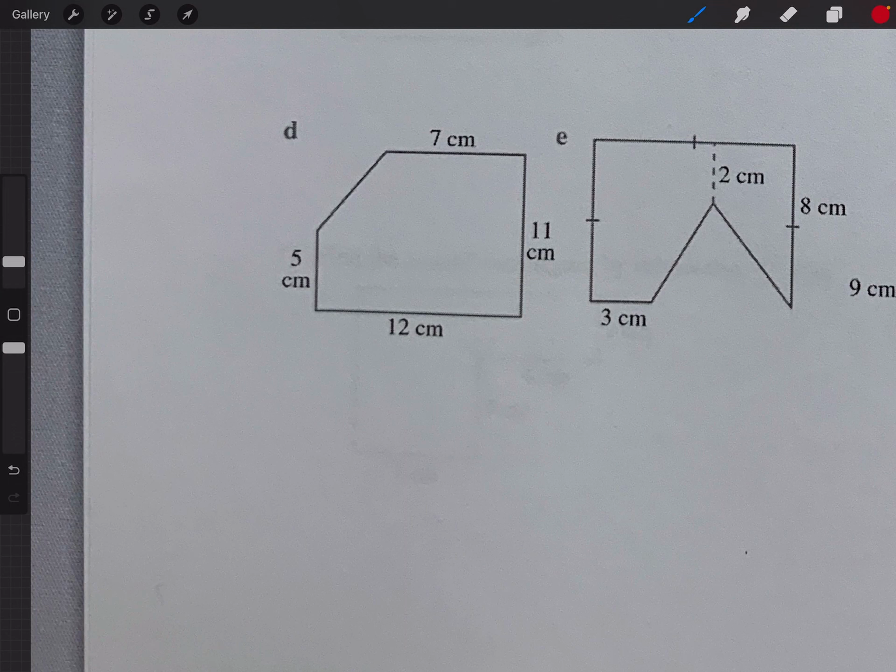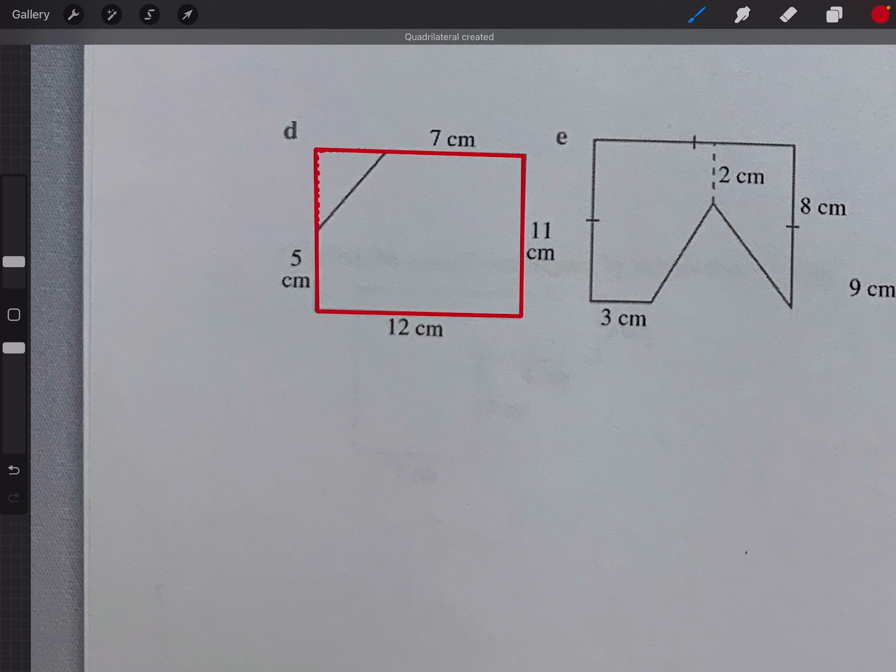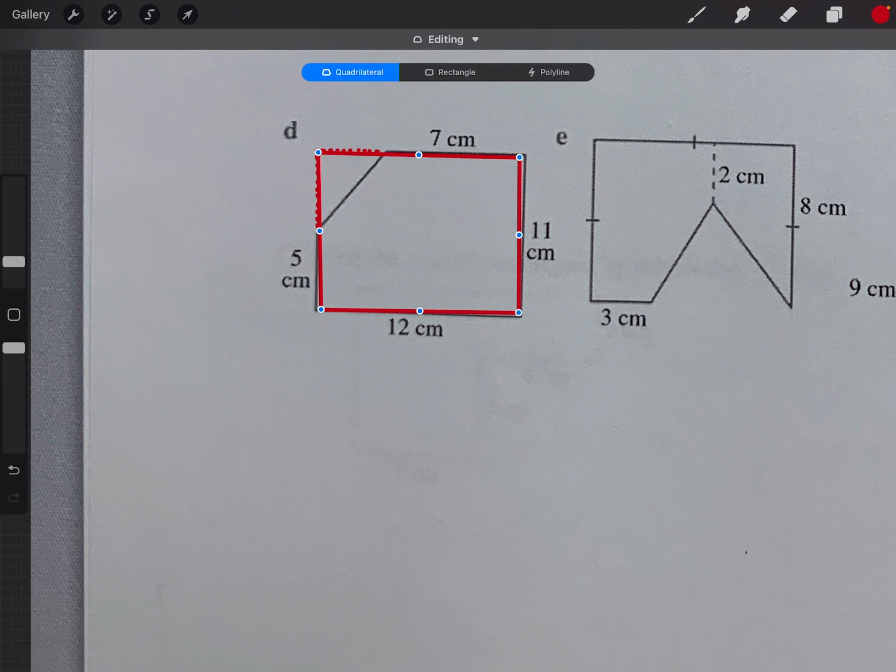Next one is you have something like this. It looks like a rectangle that has had a piece cut out from it. So what we're going to do is find the area of the total rectangle. So what's happening is this. I'm going to find the area of this entire rectangle. Hopefully I can do rectangle. Yes.